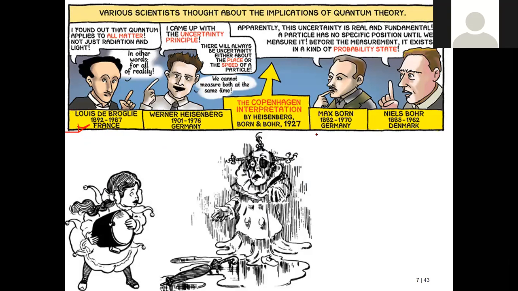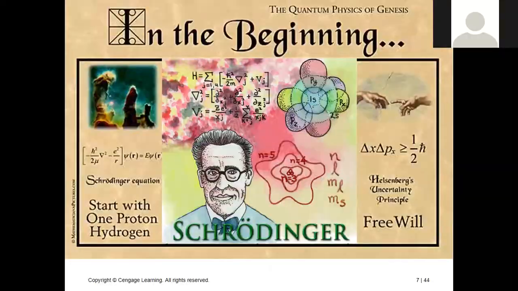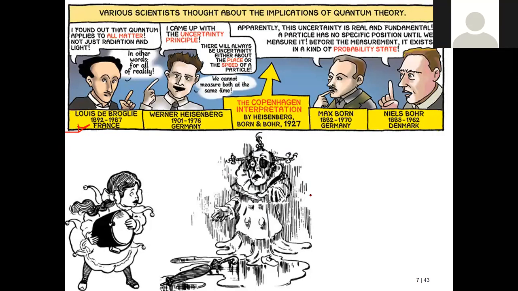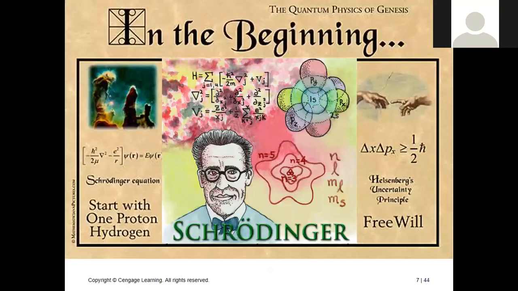So Heisenberg, Born, and Bohr came up with the probability region where you can find the electron. What I'm showing here is just because of the wave-like properties of matter. In the beginning we start with one proton, hydrogen, and then Schrödinger developed the so-called quantum mechanical model.